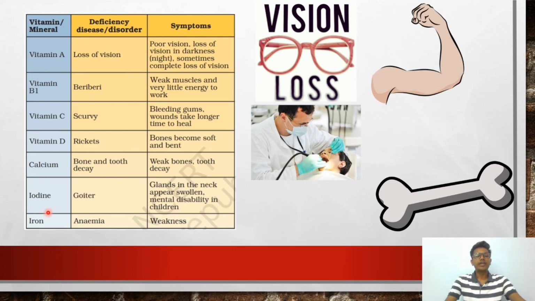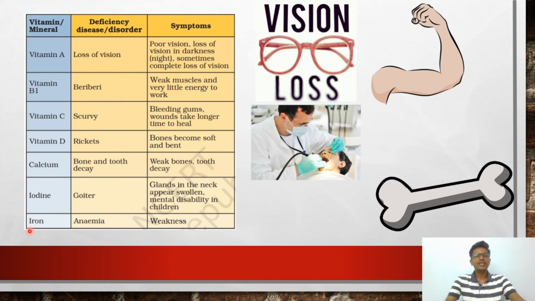If we are not having iodine in a proper amount in our balanced diet, then the deficiency disease which can occur is goiter, and the symptom is glands in the neck appear swollen, mental disability in children. Our mind will no longer be powerful if iodine is not present in our diet.